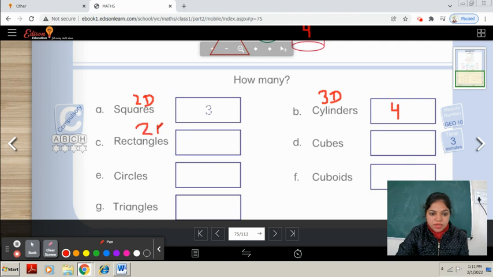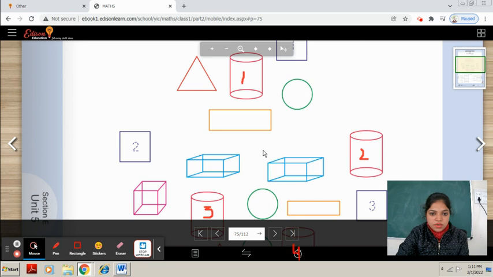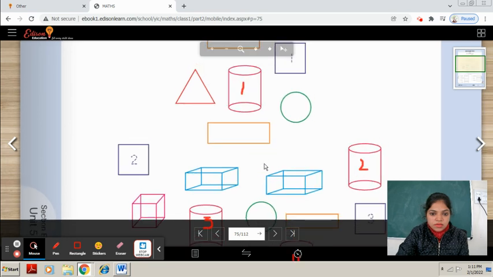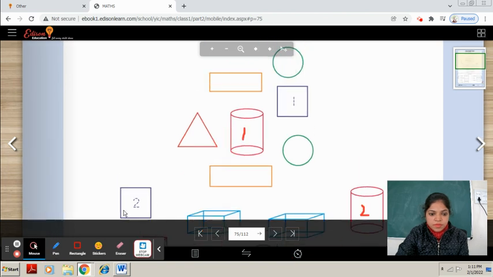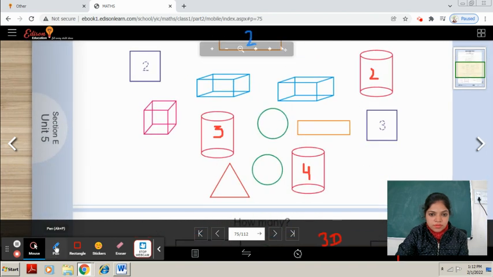So now we will count the number of rectangles, right? 1, 2, 3.